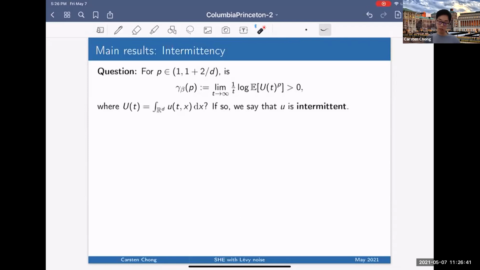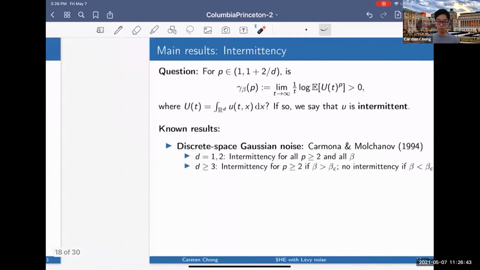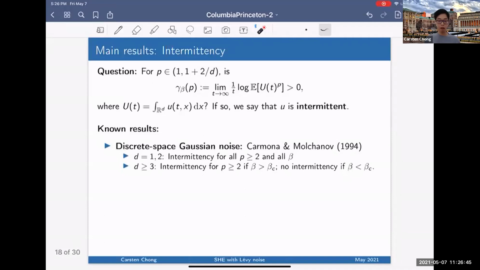Now, what do we know about intermittency? Well, there are many results that are known until now. For example, in discrete space, if we work on Z^d with Gaussian noise, in this famous memoirs paper by Carmona and Molchanov, we know that you have intermittency for all p and all beta if dimension is 1 or 2.